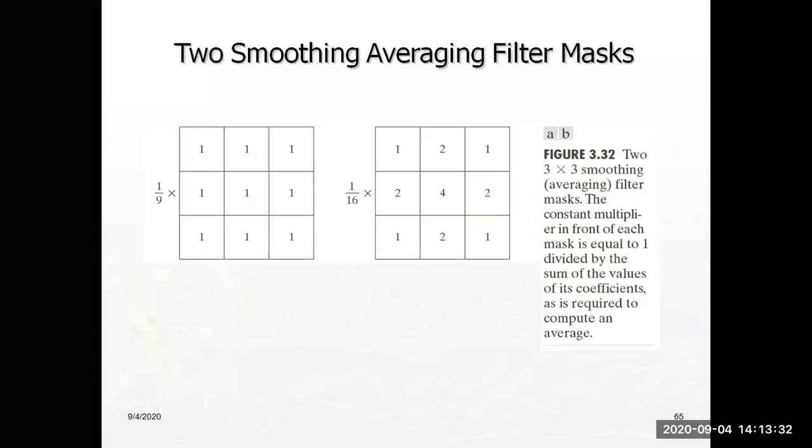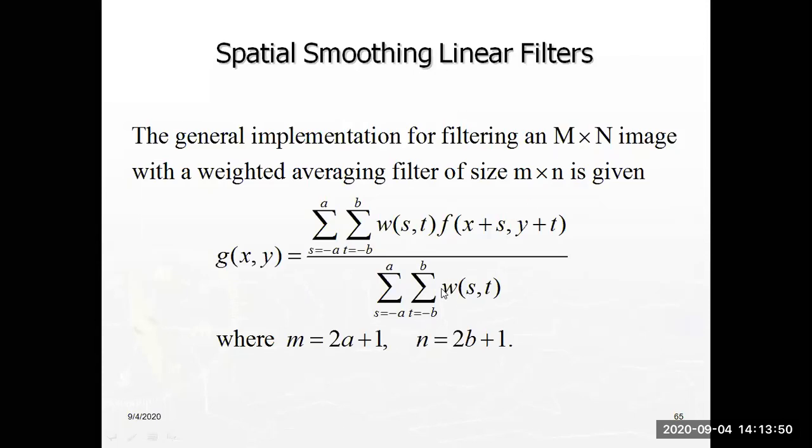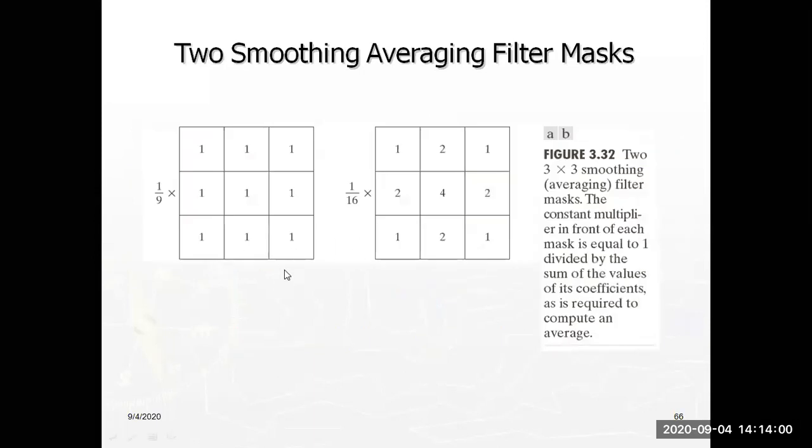Next, I am proposing two types of masks with weighted average weighting. Here 1 by 9 is my weight; this denominator indicates the weight, and the remaining are your mask values. In this mask, if we add all these, it equals 9.